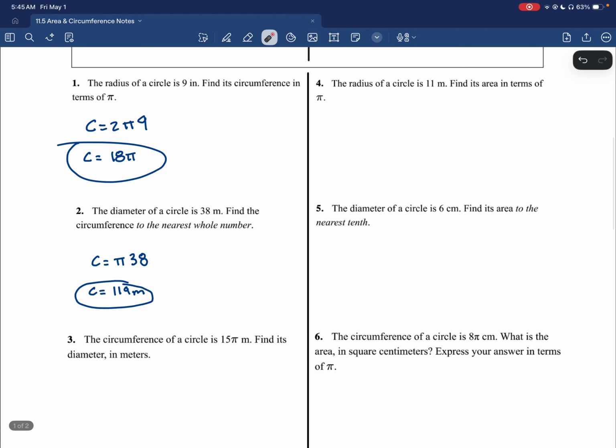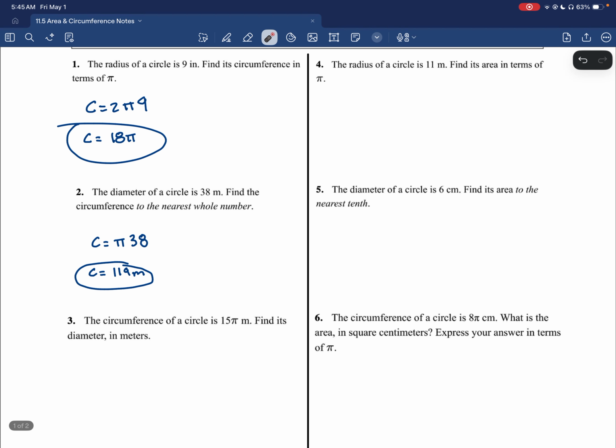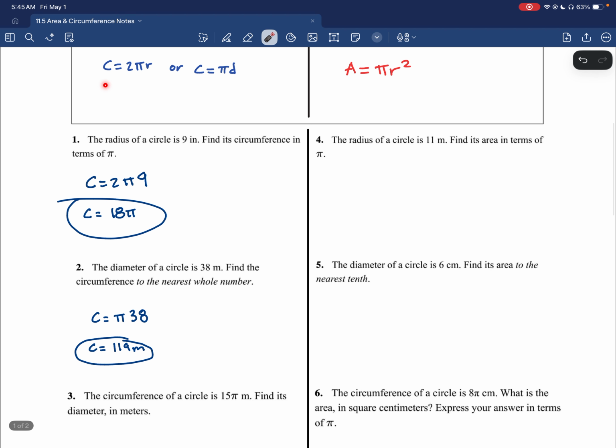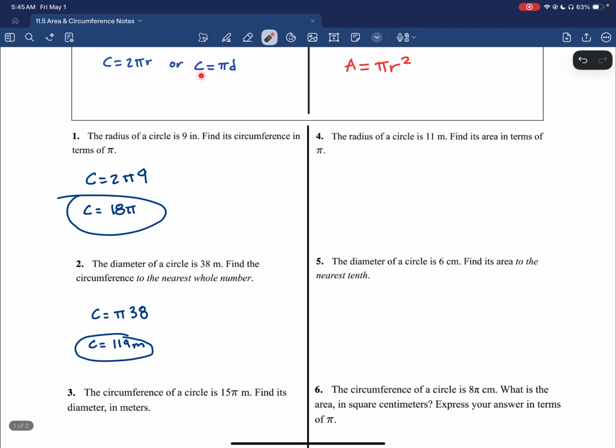Question 3. The circumference of a circle is 15 pi. Find its diameter in meters. In the last ones, it gave me either the radius or the diameter. In this one, it gives me my circumference already. So I'm still going to use one of these equations, but this time I'm going to plug something in for C because I know what the circumference is.